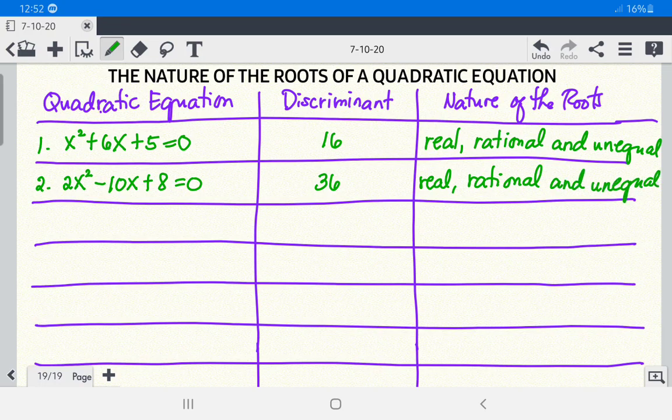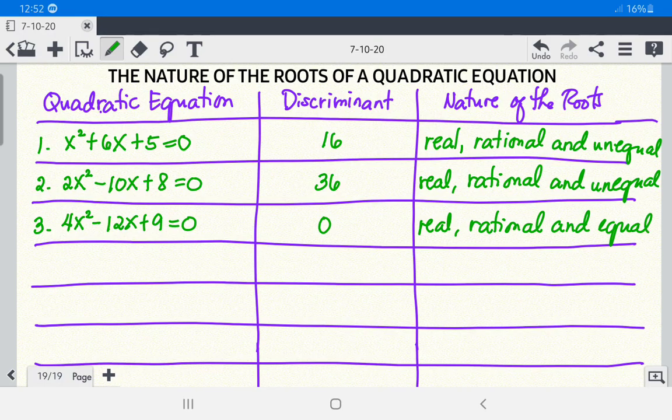The next, number 3, we have 4x squared minus 12x plus 9 equals 0. So, its discriminant is 0. Therefore, the nature of the roots is that they are real, rational, and equal.